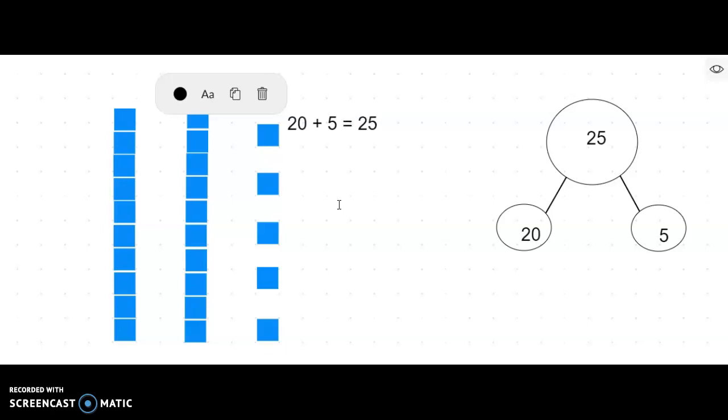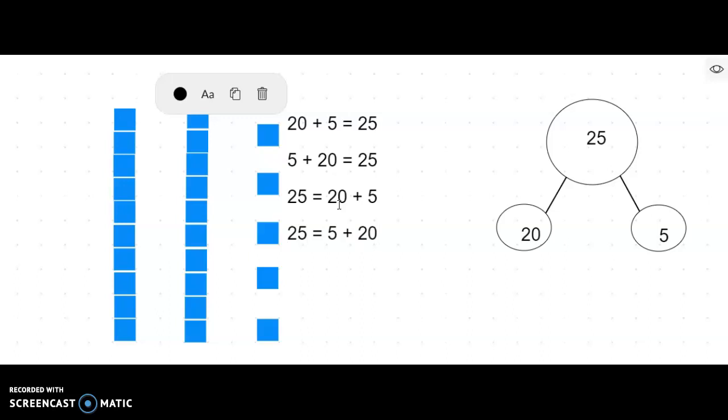We can also switch those addends around and say 5 plus 20 equals 25. We can also put our whole in the front and say 25 equals 20 plus 5, and 25 equals 5 plus 20.